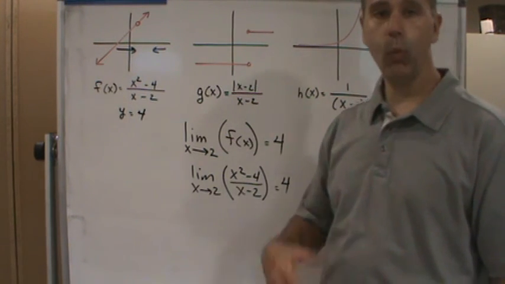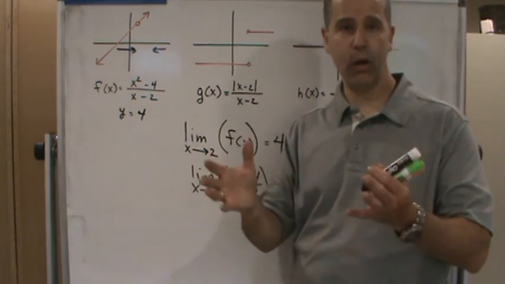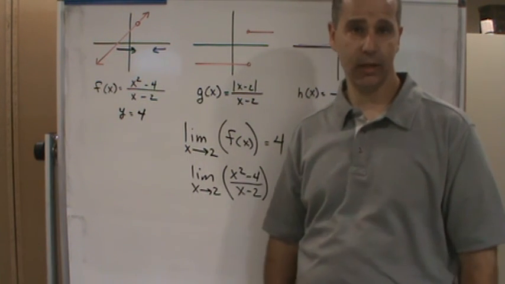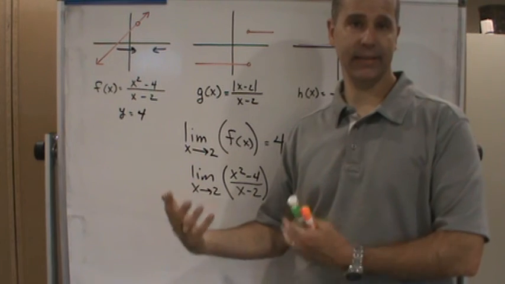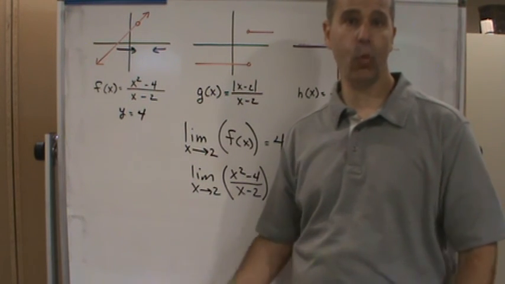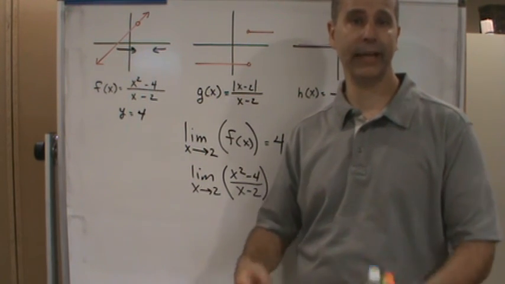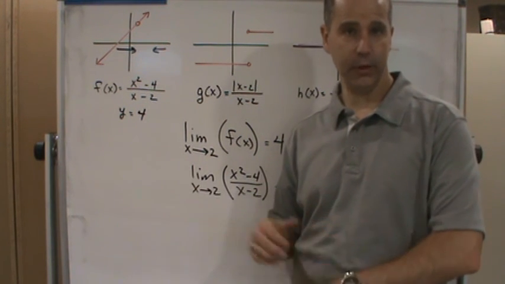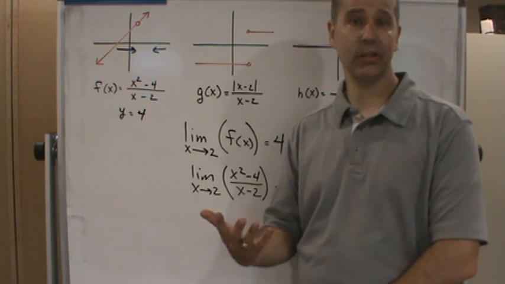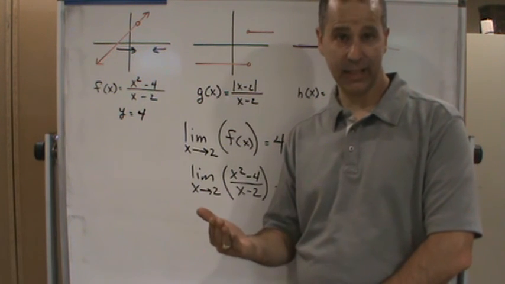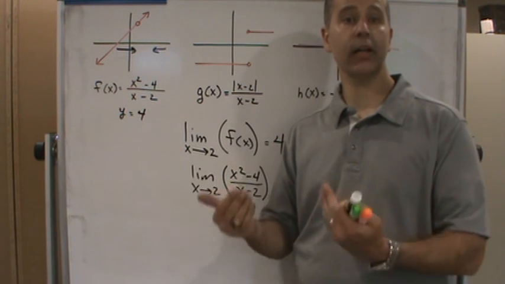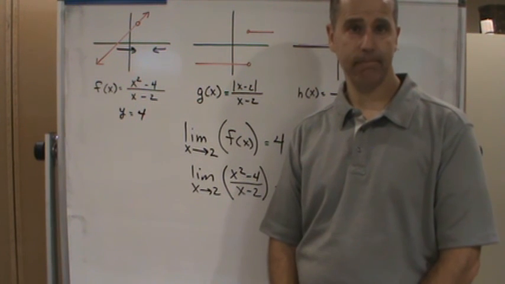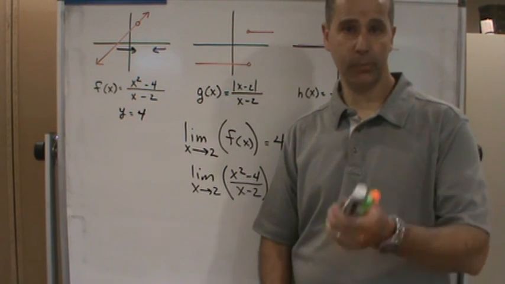And so what is going on around that point is really at the heart of what we mean by a limit. It's like, what is the behavior of the graph as we get closer and closer to a particular x value? Not necessarily what happens at that x value, but as we get closer and closer to it. Okay? We'll talk more about that next time.